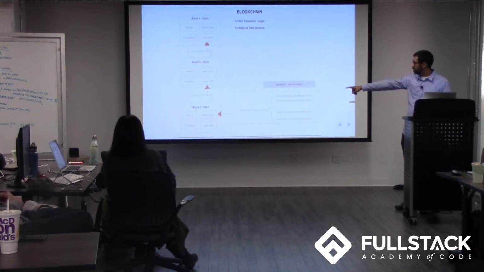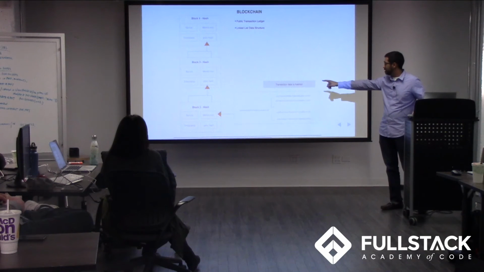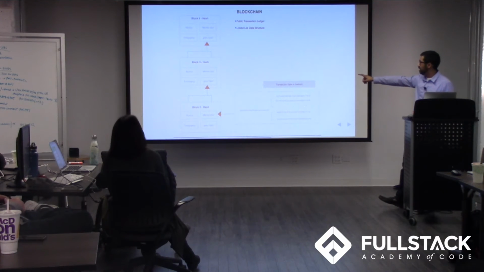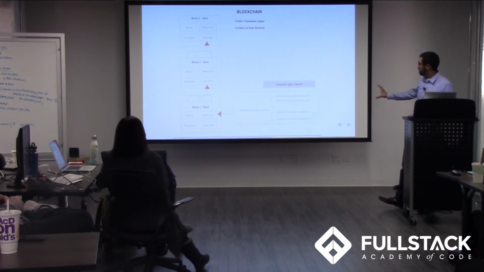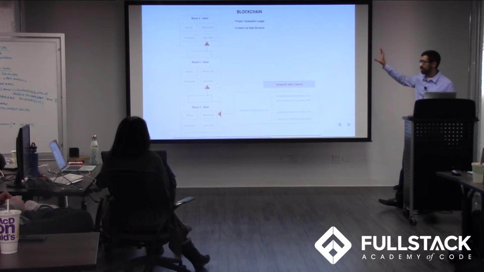Another component to form a block's hash is a timestamp. The third component is the previous hash, which is the hash from the prior block. And then a fourth component is a nonce, which I'll explain in a minute. But essentially, by incorporating the hash from the previous block, these blocks are all linked.